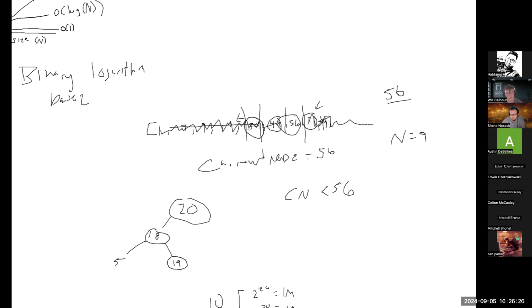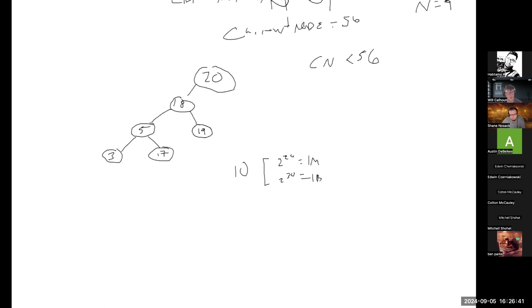Then here could be 3, and this could be 17. So it's still less than. And then this could have 2 and 16. I guess it couldn't be 16.